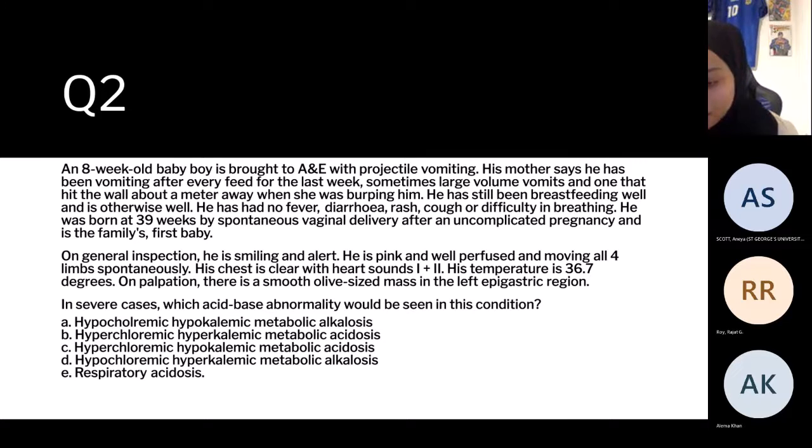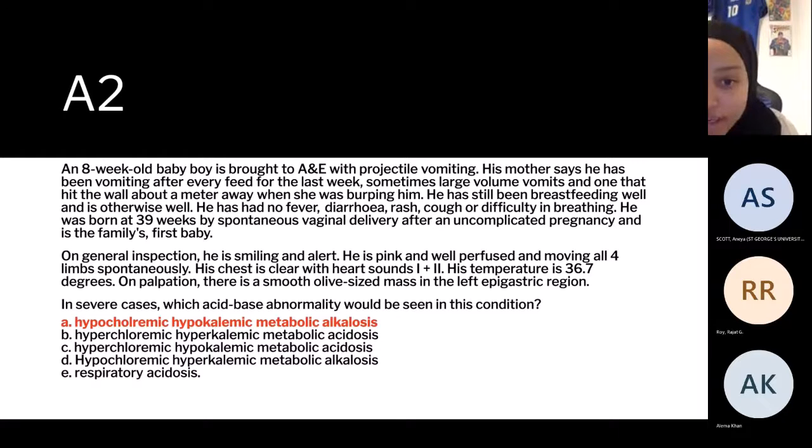Okay, so the most common response that we had was A, which is the correct answer. Again, this is very similar to the previous question. We have this child who is having projectile vomiting after his feeds. He didn't have any complications during birth, and from the sounds of it he is well perfused and well hydrated.